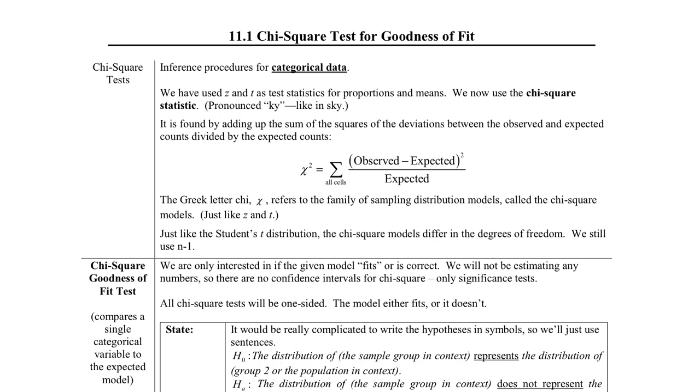I pretty much covered everything that's right here on that last vignette, but we do have a formula for it. This should look kind of familiar. It reminds me a little bit of standard deviation, but it is the sum of all your cells of observed minus expected. So we're going to take a sample, whatever I observed the proportion is, minus the expected, square it, and divide it by what we expected to happen.